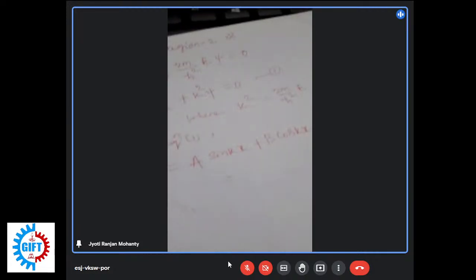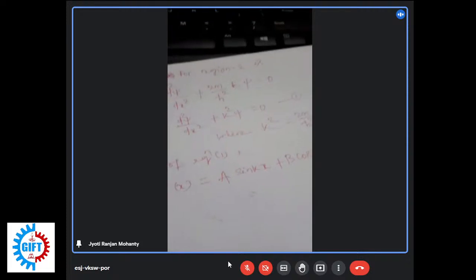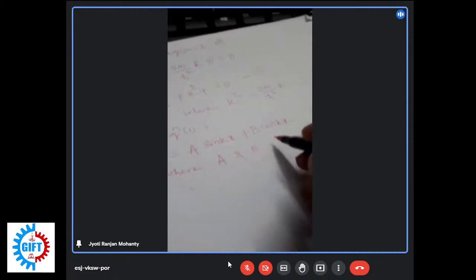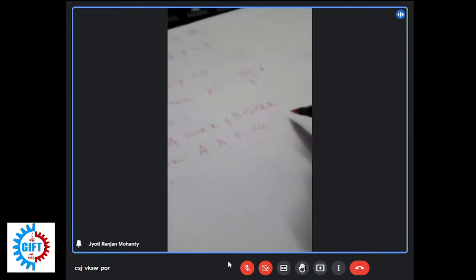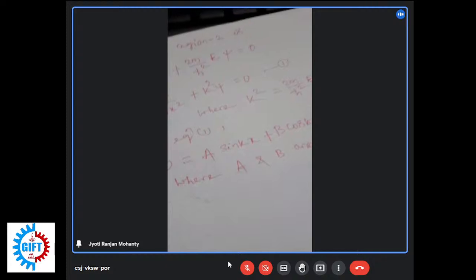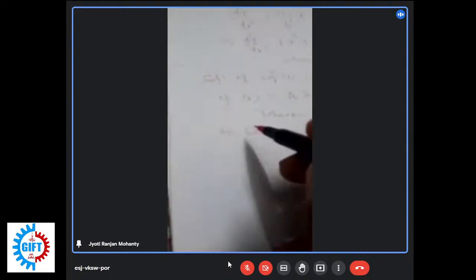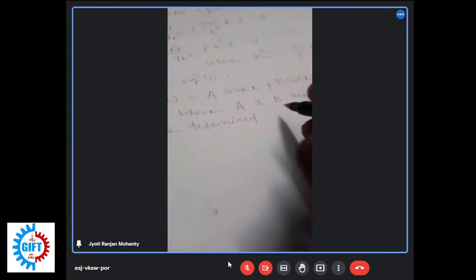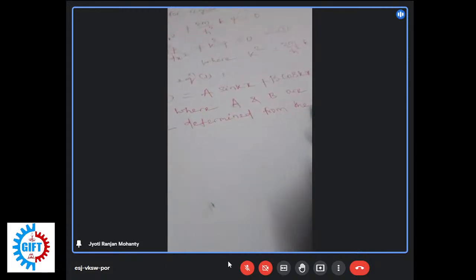A and B are two constants which are to be determined from the boundary conditions. Look, A and B are two constants to be determined from the boundary conditions.